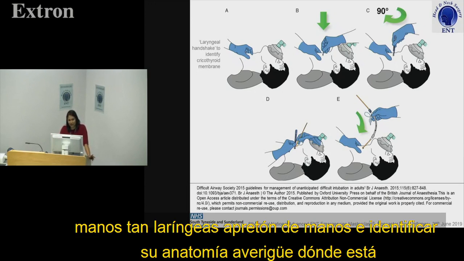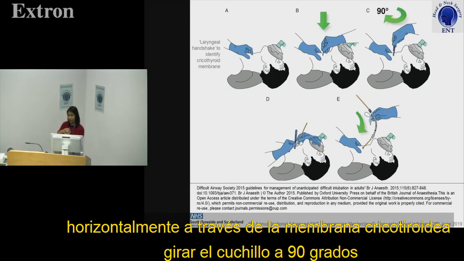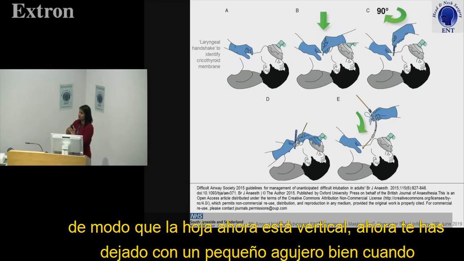So laryngeal handshake, identify your anatomy, find out where the cricothyroid membrane is, and whilst you stabilize the larynx, you use a scalpel horizontally through the cricothyroid membrane, twist the knife at 90 degrees so that the blade is now vertical.